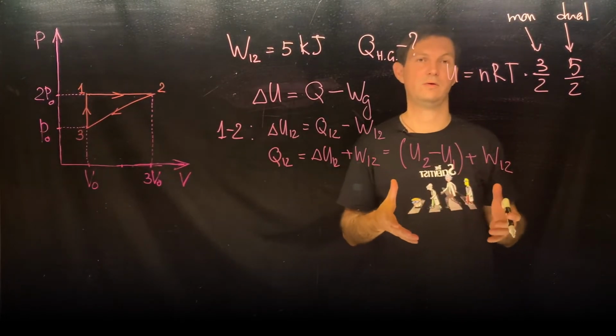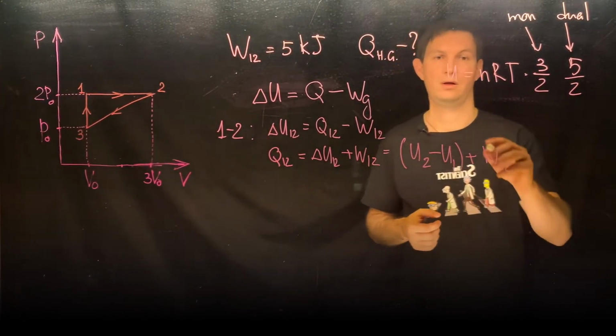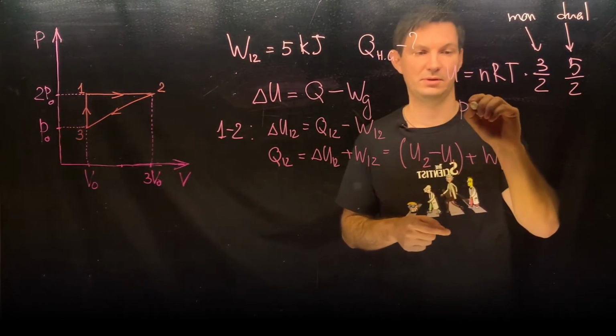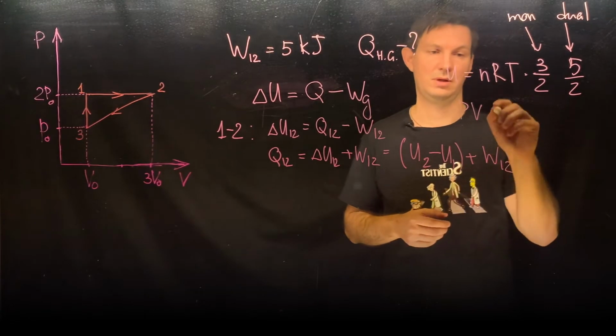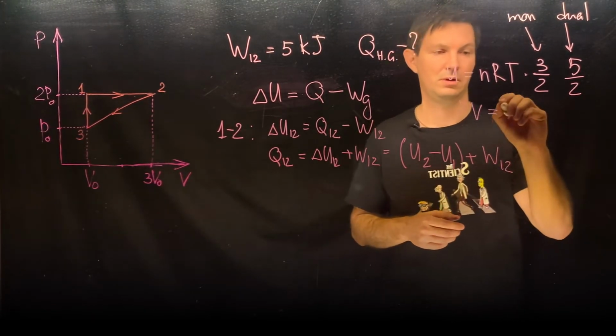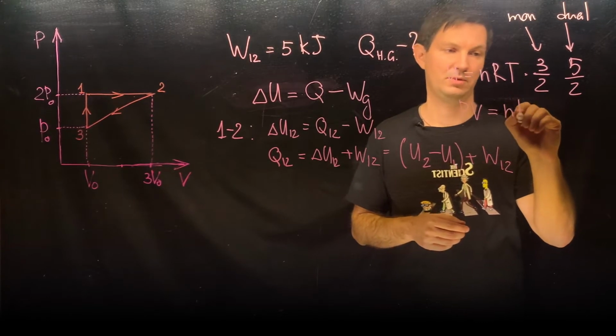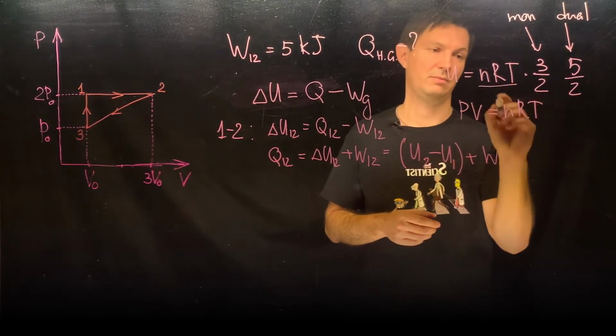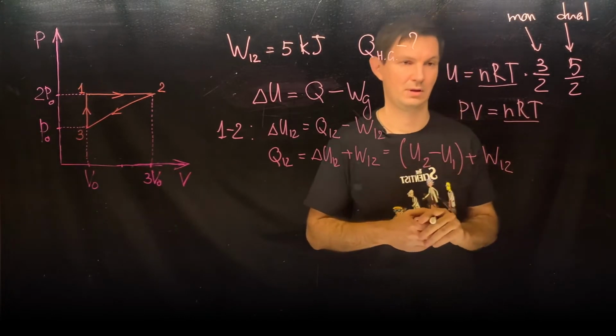We also know the ideal gas law. The ideal gas law is pressure times volume, and it equals N times R times T. And here is the same, here and here.